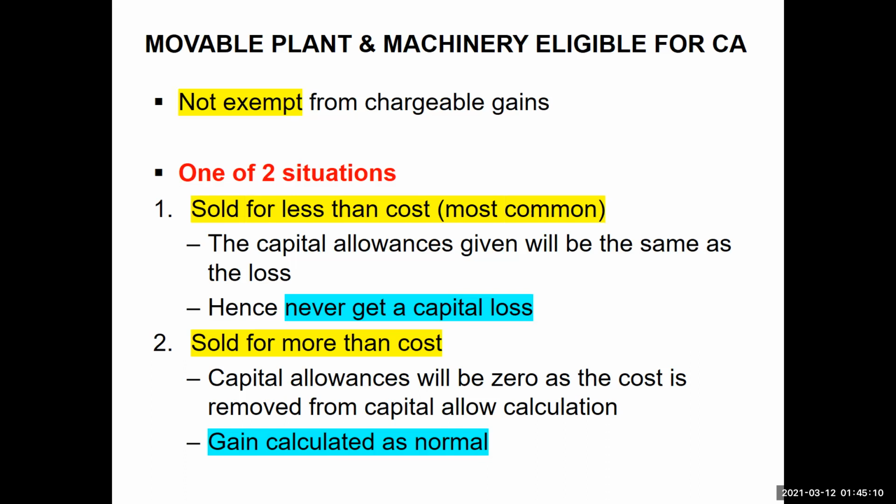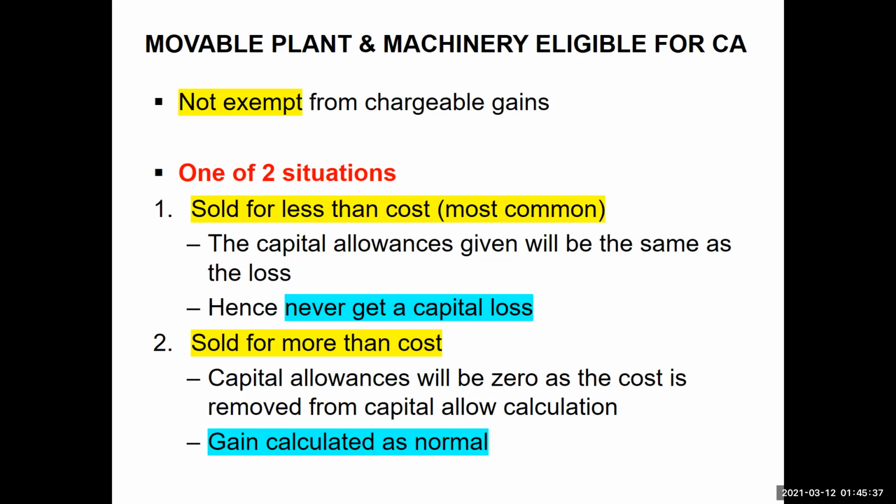So one of two situations could arise, and the most common situation is where we are selling this item for less than the cost. In that case, the capital allowances will be given as the same as the loss we have incurred. If we sold it for less than the cost, the loss which arises is what we'll claim as capital allowances.